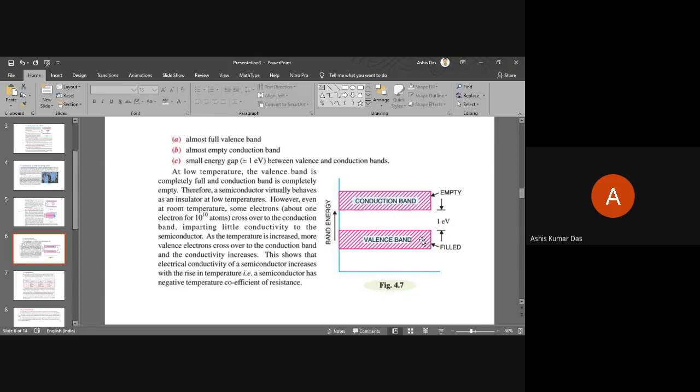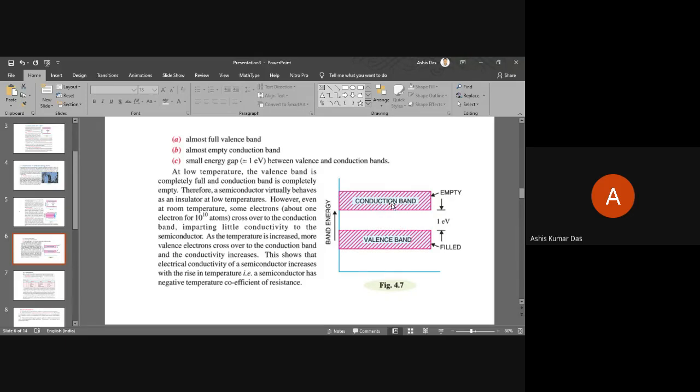And what is the quantity of the free electrons? Only 1 electron for 10 to the power 10 atoms can easily overcome this barrier and jump from the valence band to the conduction band.